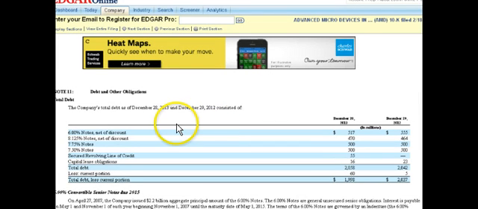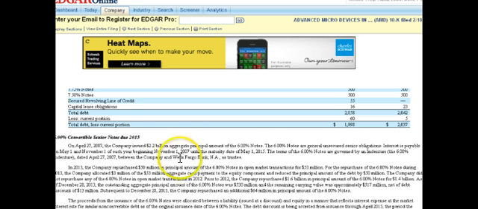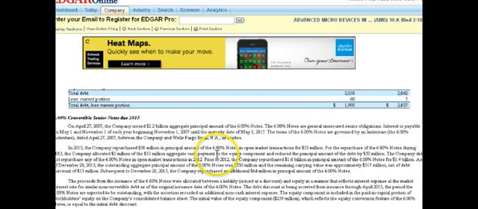And as you can see, they have a lot of 6% notes, 8.125, 7.75. So we want to look at 6, 7.5, 7.75, and 8.125. And then you can see here are the notes talking about it. Do you remember we talked earlier about how it looks like they increased their equity position?